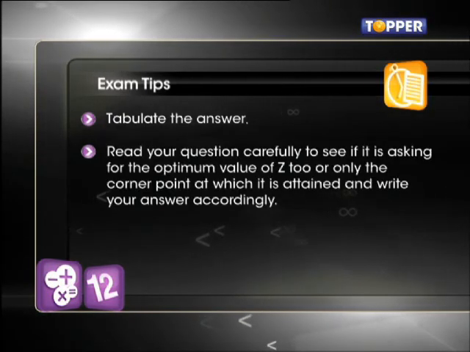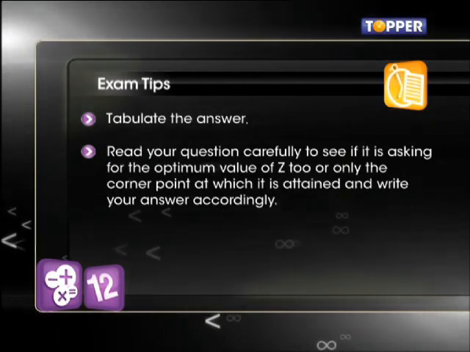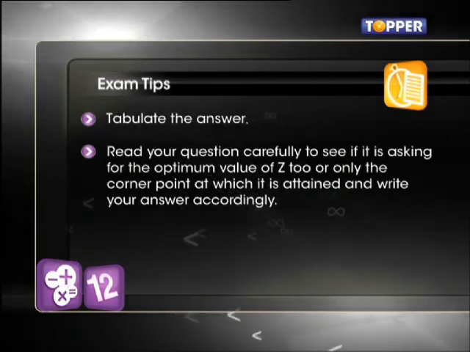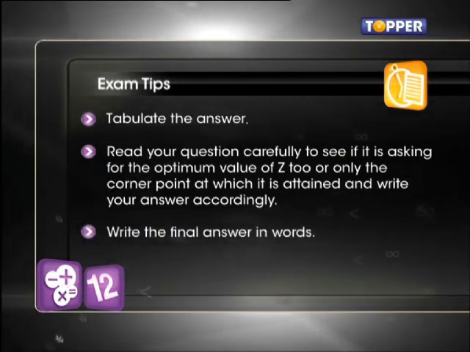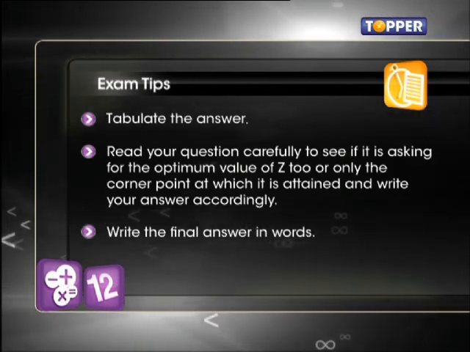Also read your question carefully to see if it is asking for the optimum value of Z or only the corner point at which it is attained, and write your answer accordingly. And in your final answer, rather than giving values of x and y, use the language of the question.